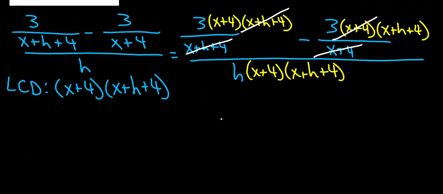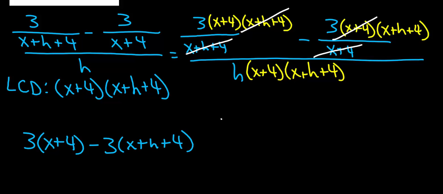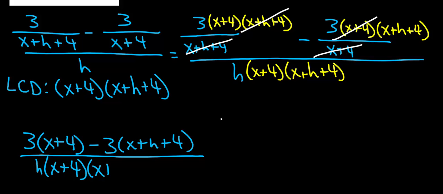Now let's see what we've got left. We've got 3 times x plus 4 minus 3 times x plus h plus 4, all over this mess on the bottom.